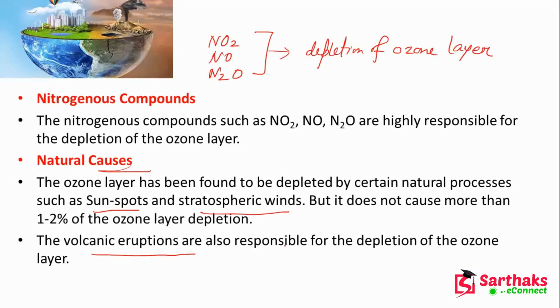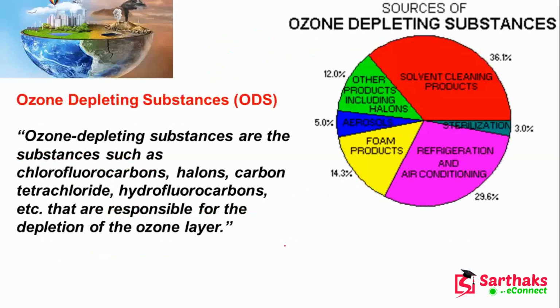Here you can see that stratospheric wave events disrupted the polar winds. The winds thus acted like a barrier, preventing ozone from other parts of the atmosphere from replenishing the low ozone levels over the Arctic. So these two are the natural causes.